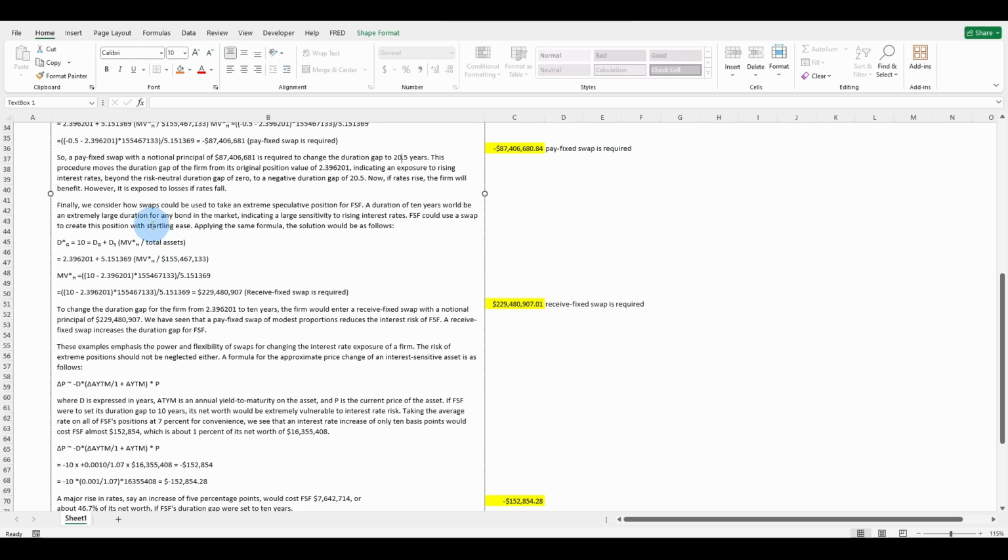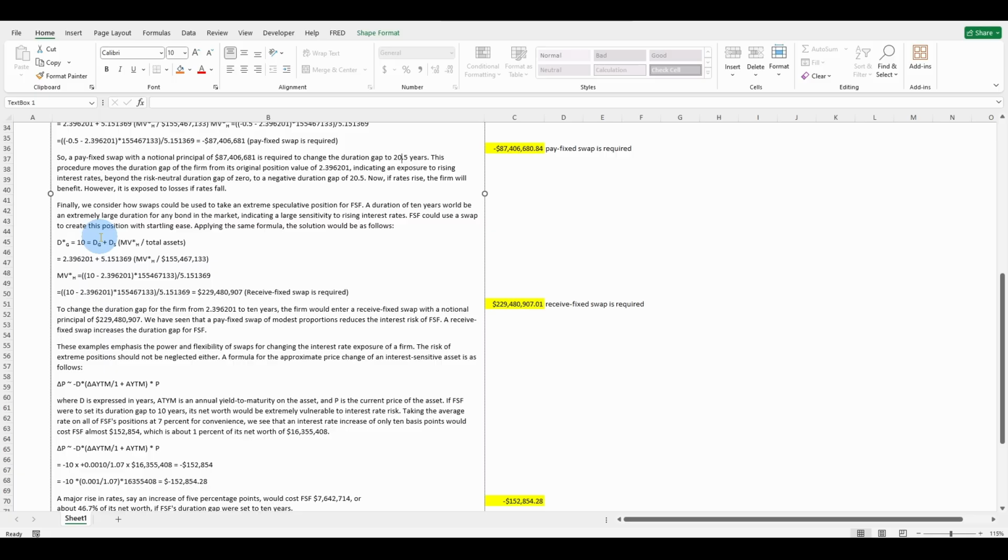Finally, we consider how swaps can be used to make an extreme speculative position for FSF. A duration of 10 years would be an extremely large duration for any bond in the market, indicating a large sensitivity to rising interest rates. FSF could use a swap to create this position with startling ease.